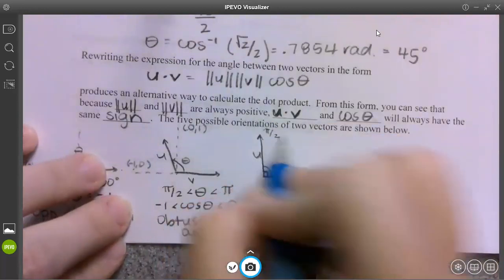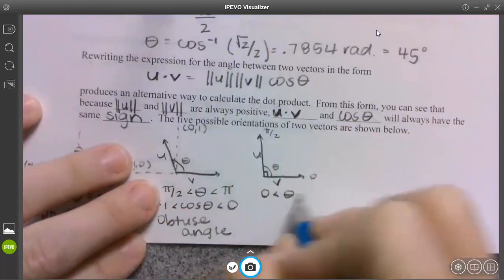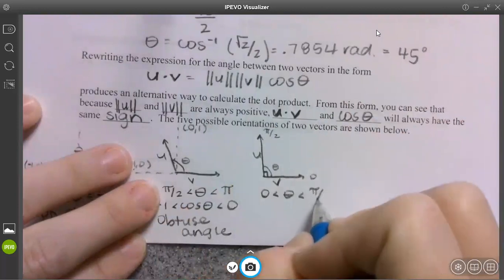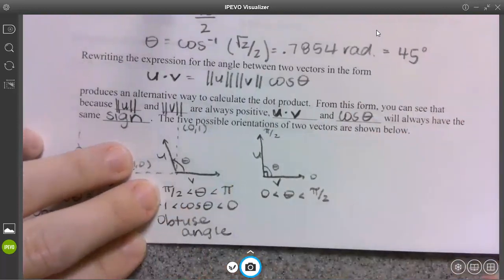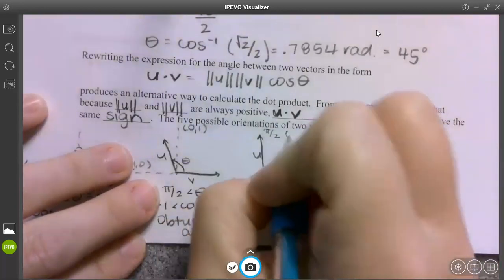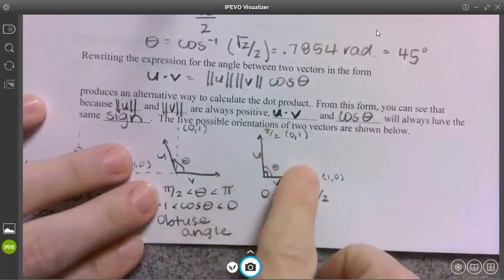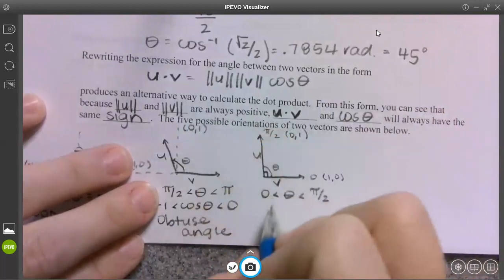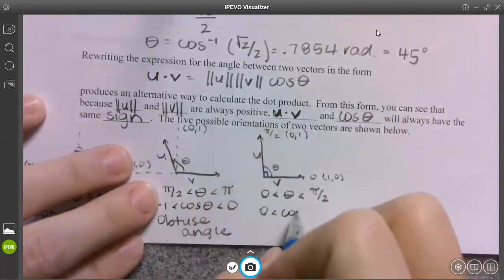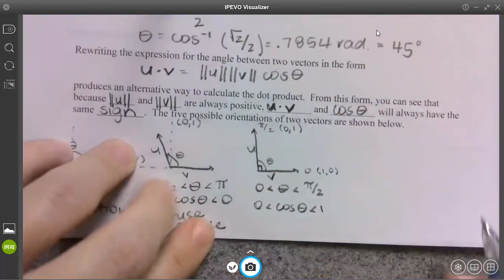This one is pi over 2. So this angle is found between 0 and pi over 2. Your coordinate is 1, 0 and 0, 1. So your x's go from 0 to 1. So your cosine theta will be between 0 and 1.